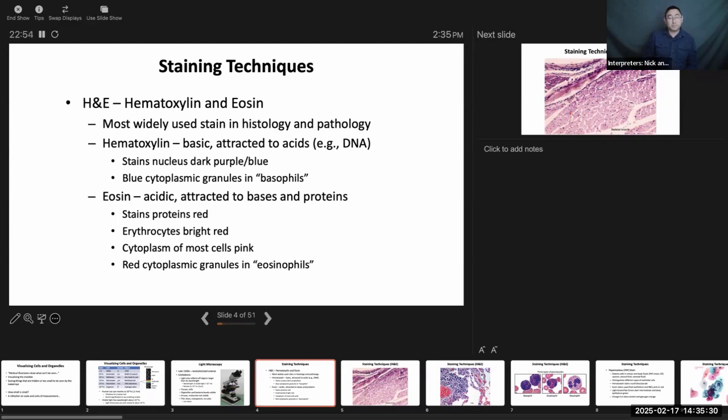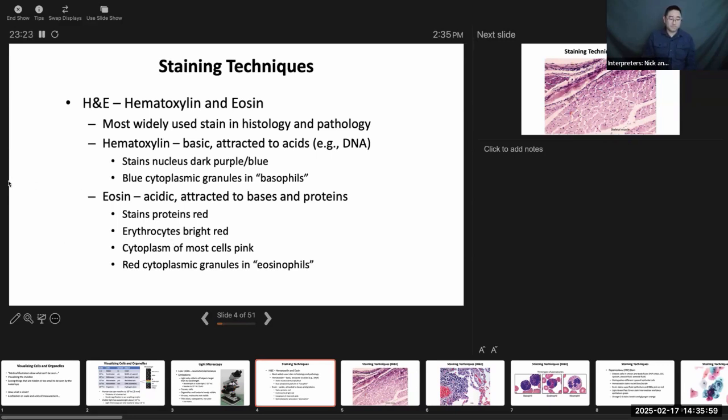What it does is it turns these granules blue. So basophils are always recognized by having these little blue polka dots all throughout the cytoplasm. In fact, that's where basophils get their name, because hematoxylin is a base. The word basophil means loves base. So basophils were first recognized and identified by the fact that they attracted this basic or alkaline stain.